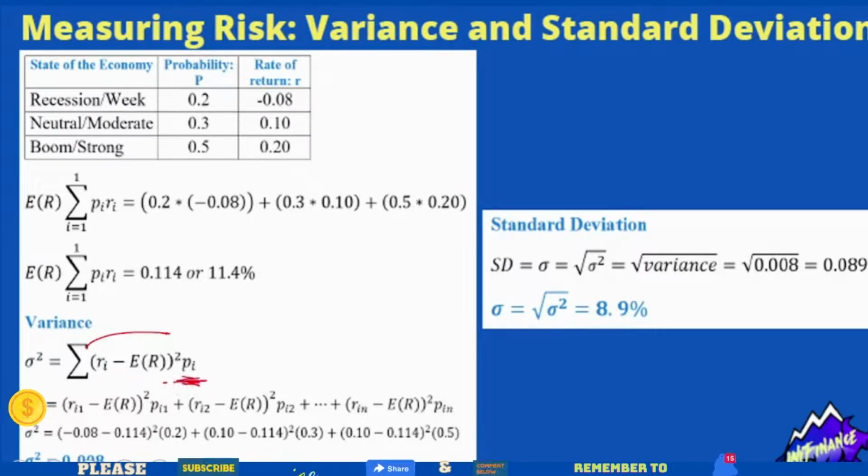So for each return, you subtract the mean, square it, and multiply it by the corresponding probability. That is what I got here. So this is the mean subtracted from the first return of 0.08 minus 0.114 squared and multiplied by 0.2, which is the corresponding probability.